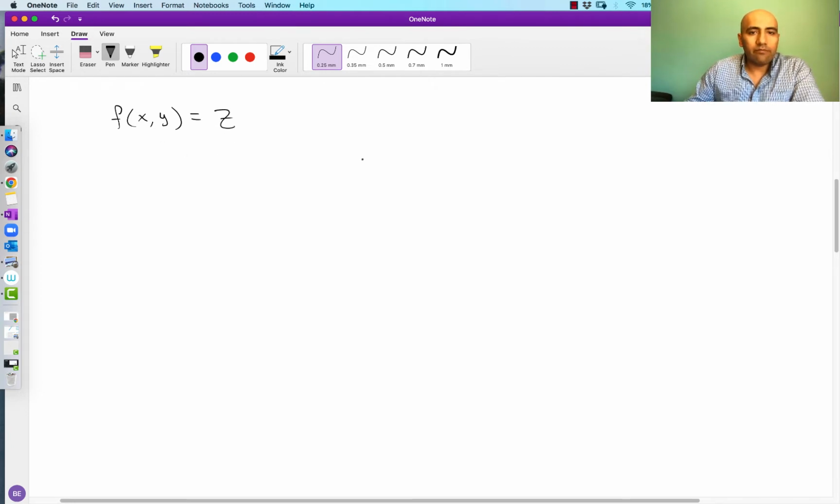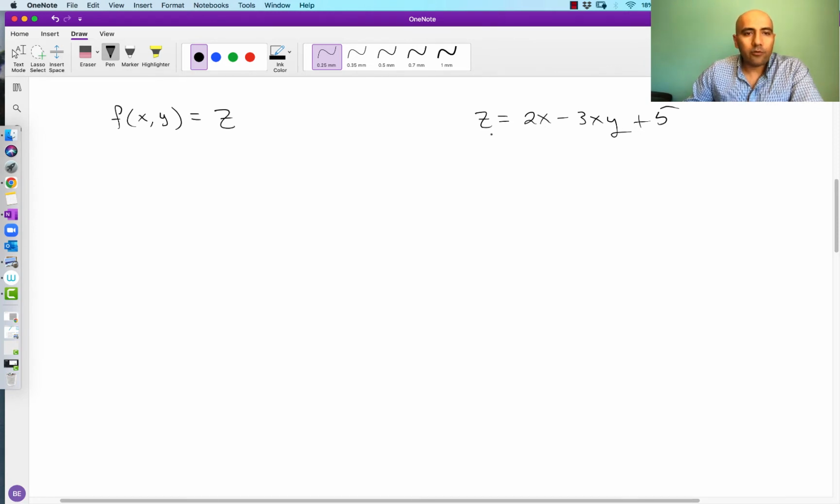So just like before, this can also be written as z equals some equation involving x and y. So it could just be like, say, 2x minus 3xy plus 5, let's say. Here's an equation. The input values, the independent variables, are x and y, and the output value is a z.